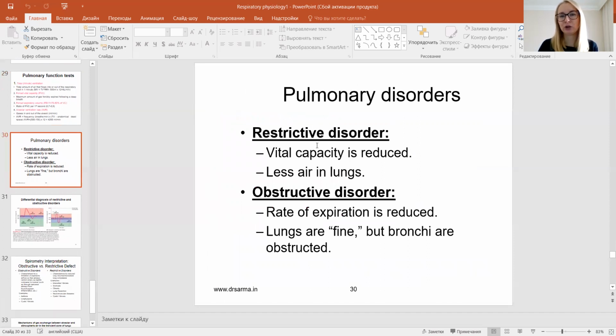So once again, in case of restrictive disorders, vital capacity will be reduced, and it means that less air is present in the lungs. And in case of obstructive disorders, the rate of expiration is reduced. So in other words, lungs are fine, but bronchi are obstructed.